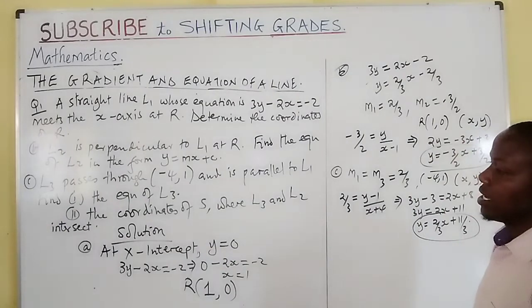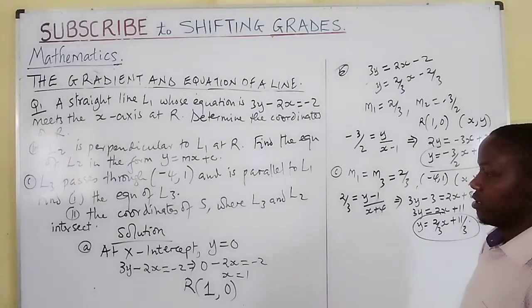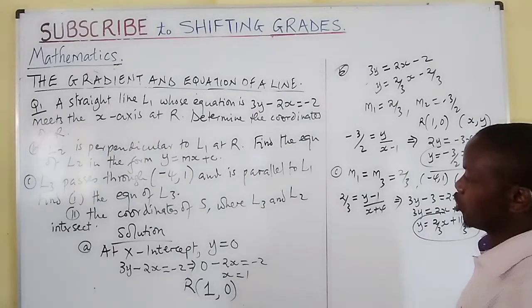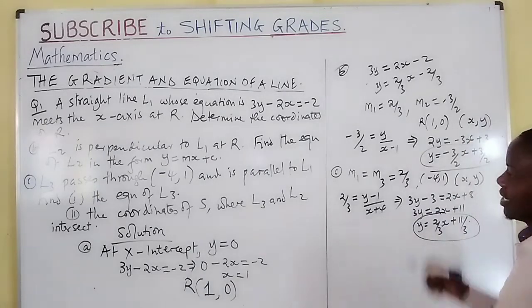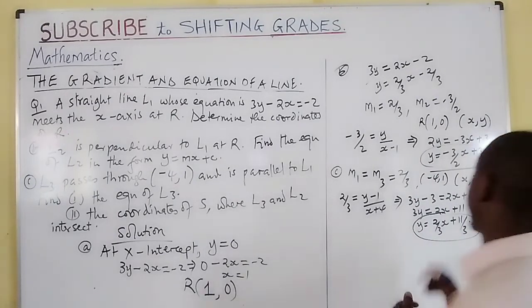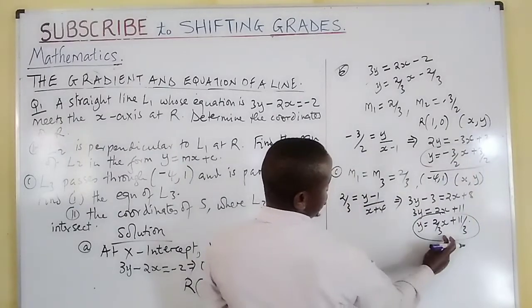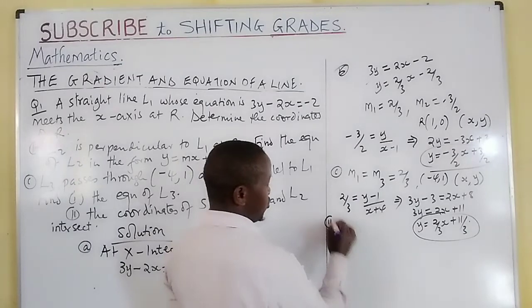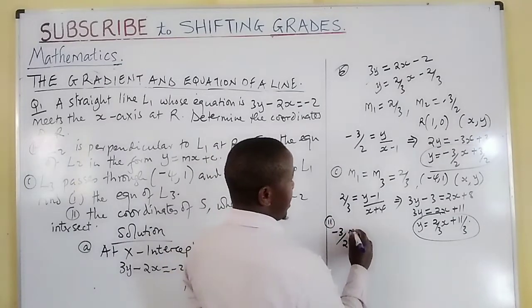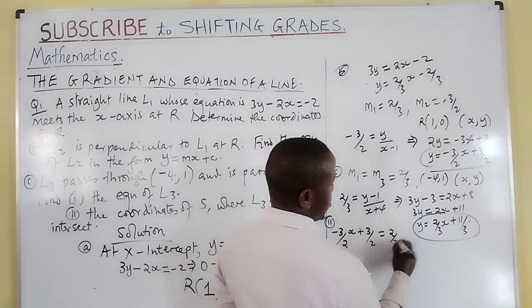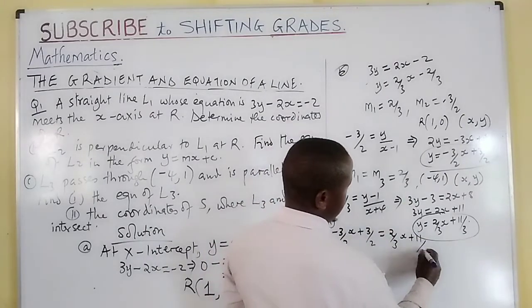Then lastly, find the intersection point of L3 and L2. So this line and this one, where they intersect, we solve the two equations simultaneously. At that point the two lines are equal. Therefore, if y is equal to this and y is also equal to this, then we can equate negative 3 over 2 x plus 3 over 2 is equal to 2 over 3 x plus 11 over 3.